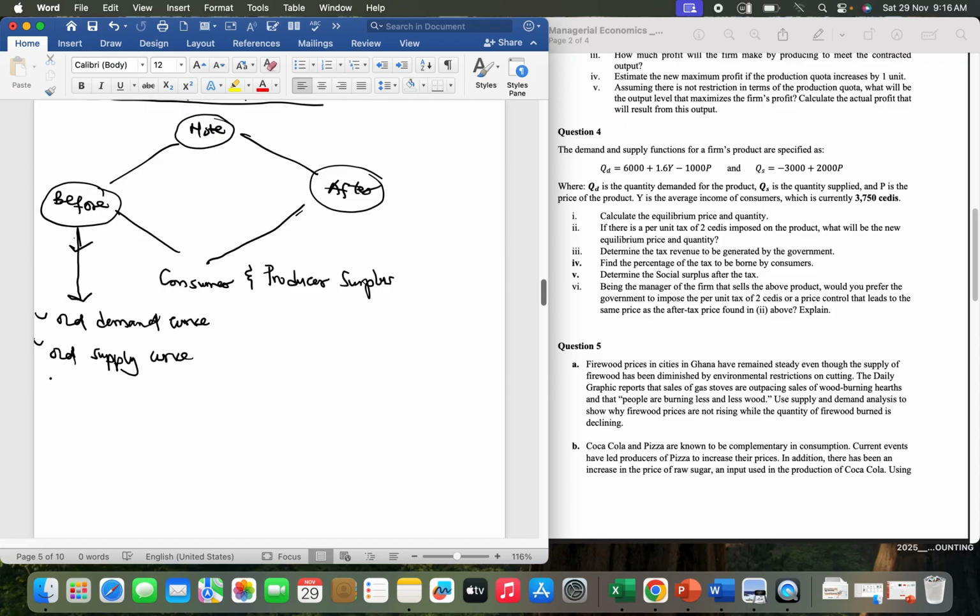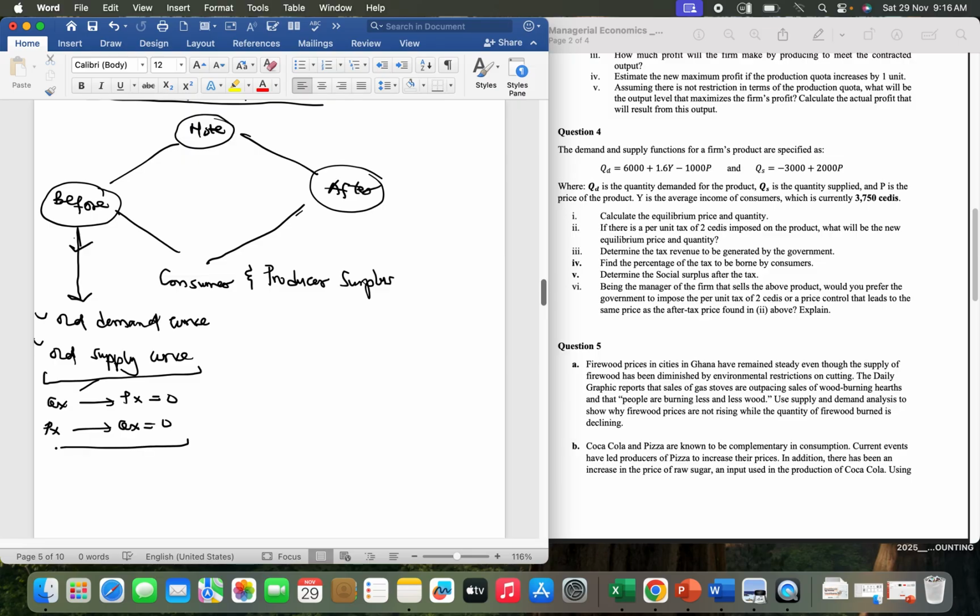With the old demand curve and old supply curve, if you want to find Qx, you make Px equal to 0. If you want to find Px, you make Qx equal to 0.